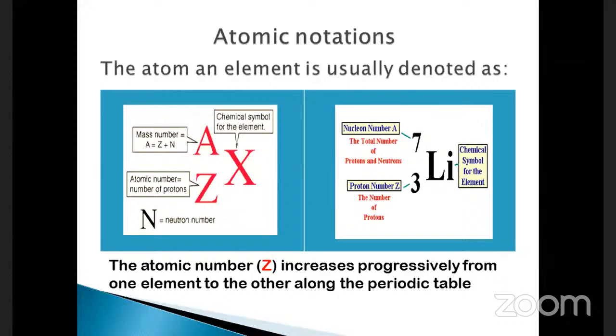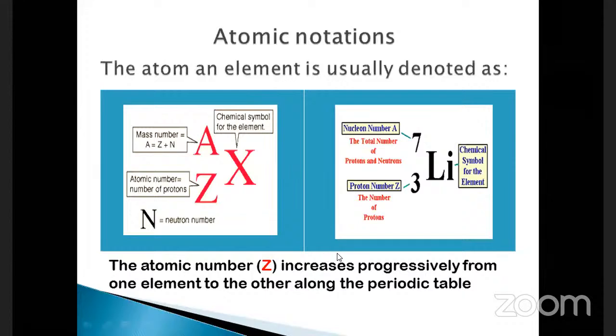The symbol of the element is written, and at the same time, we have the mass number that talks about the constituent of the nucleus. The constituent of the nucleus is termed nucleons, talking about the protons and the neutrons. And then we have the atomic number, which is the number of the protons or electrons in an atom.